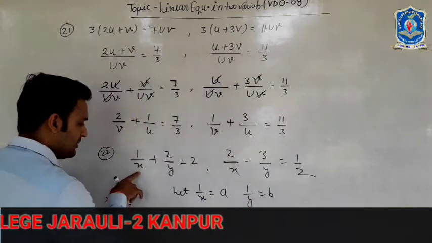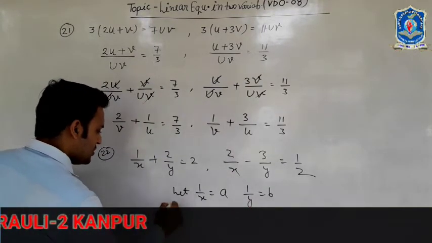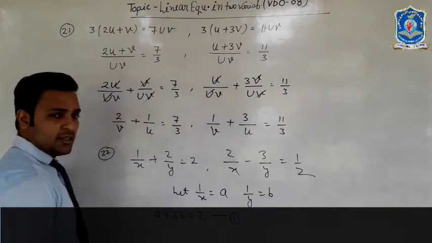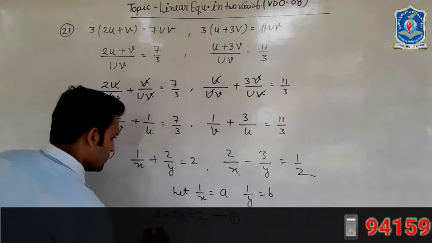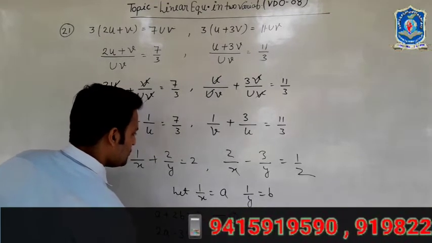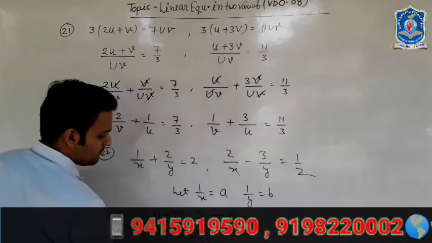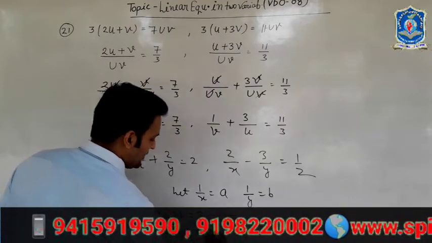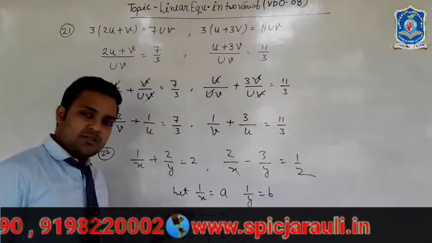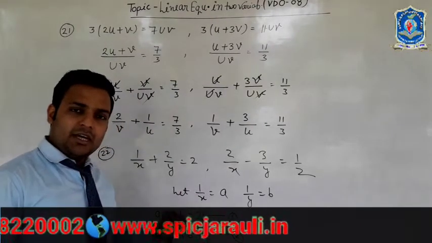The first equation will be a + 2b = 2, and the second equation is 2a - 3b = 1/2. Solve it by cross multiplication or the same method and find the values of a and b.